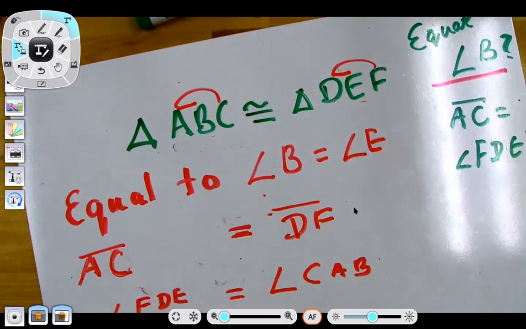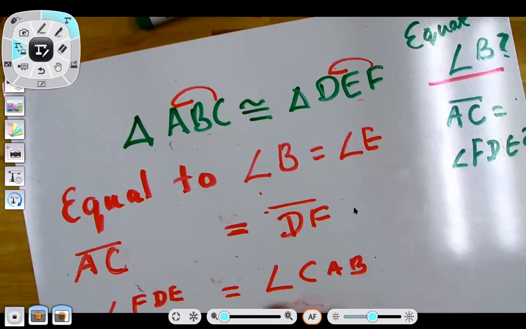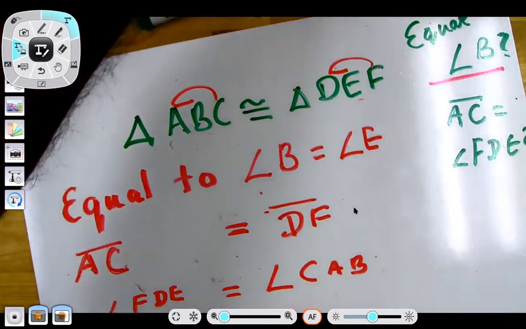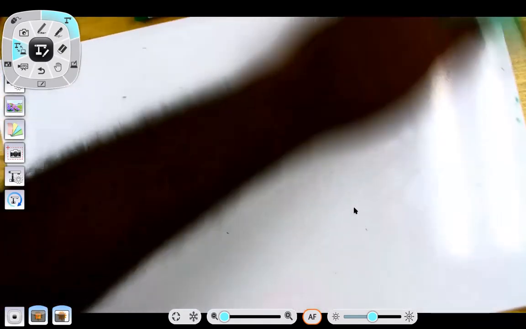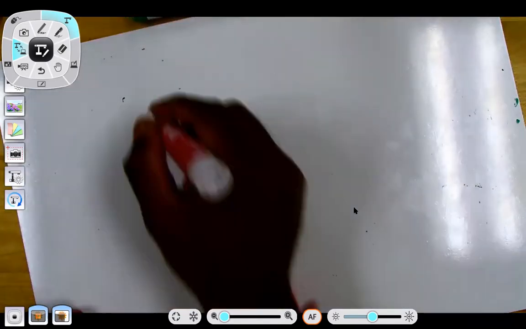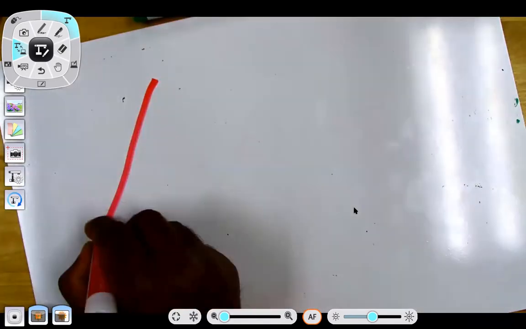Let's see if we draw two triangles which are congruent. I'm just going to erase it and I'm going to draw a big triangle. So then you will see it.